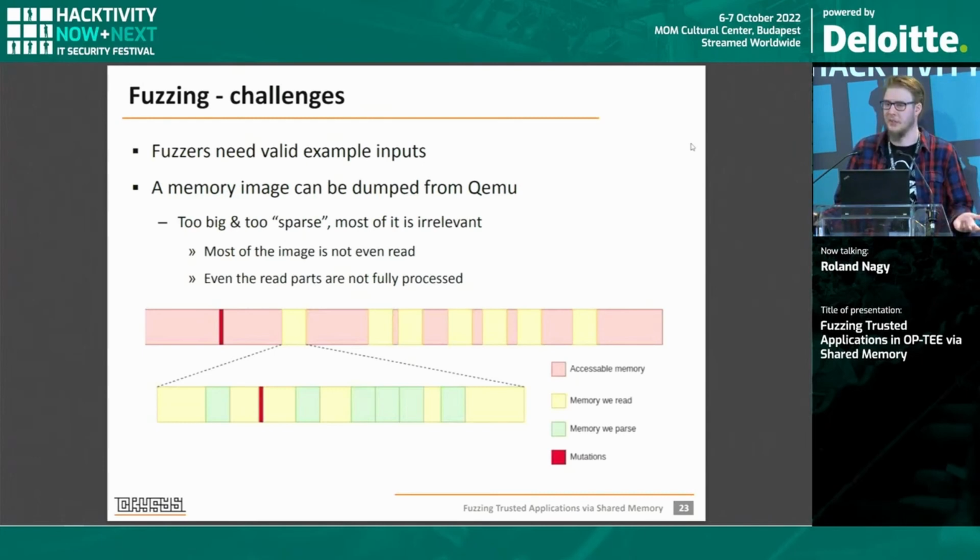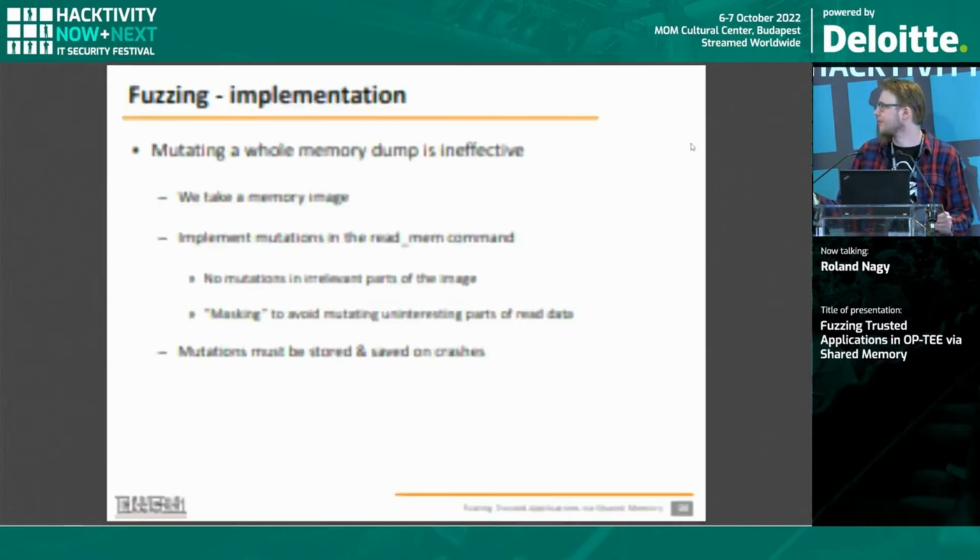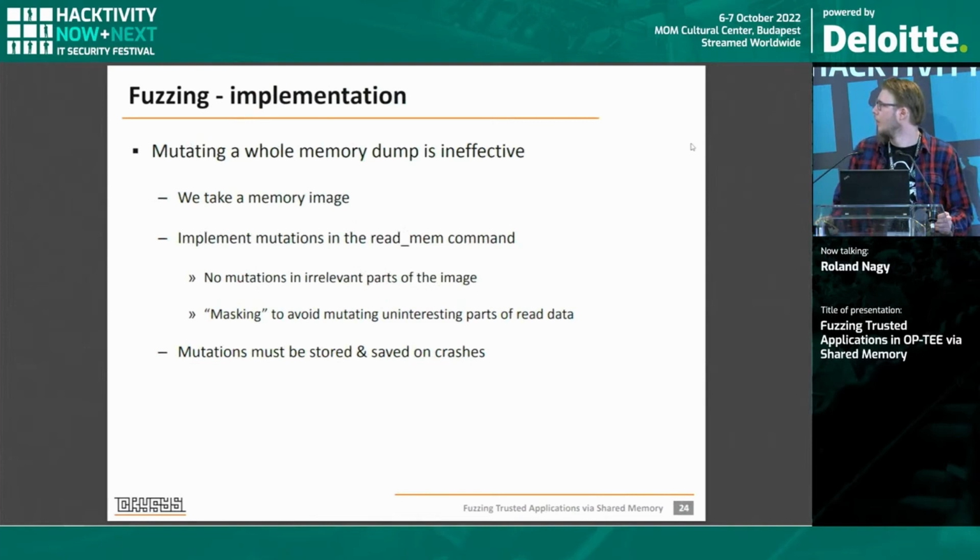It's like if we did nothing. Then again, if we mutate a part that we read but do not parse, then again, it was a useless mutation. So we need to handle this problem somehow to avoid a lot of useless work. Mutating the whole input file as one is ineffective.